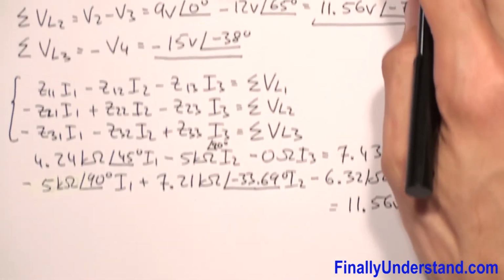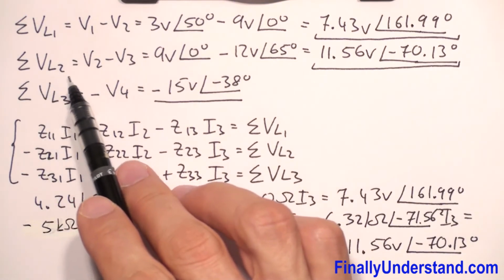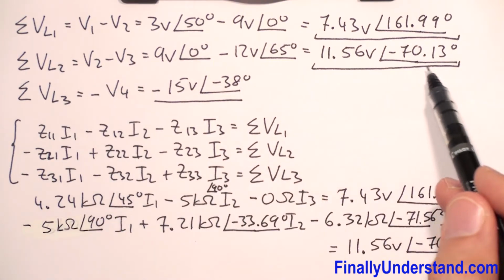We got this over here. So this is the sum of the voltages in loop 2.